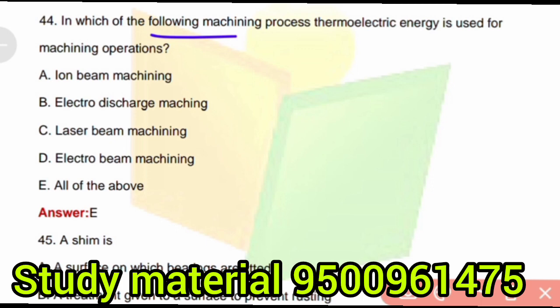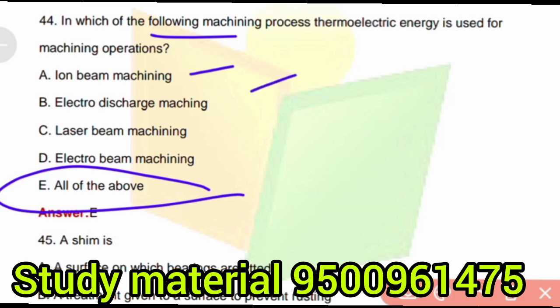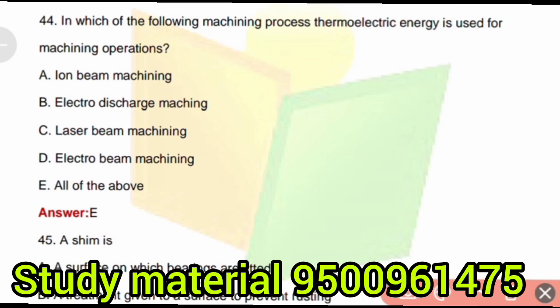In which of the following machining process thermoelectric energy is used for machining operations? All of the above: ion beam machining, electro discharge machining, laser beam machining, electron beam machining.